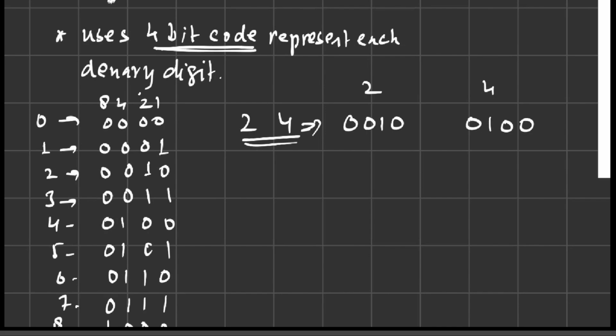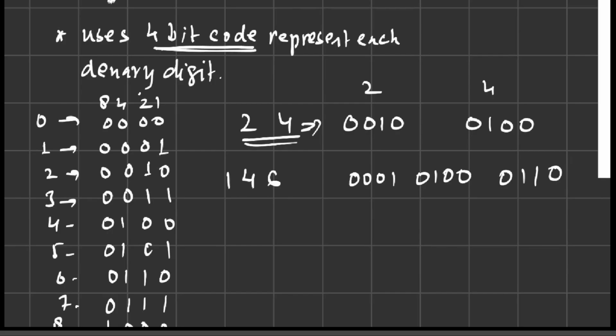So if we take a number, let's do a different one, 146. So 6 is 0, 1, 1, 0, and 4 is 0, 1, 0, 0, and 1 is 0, 0, 0, 1.